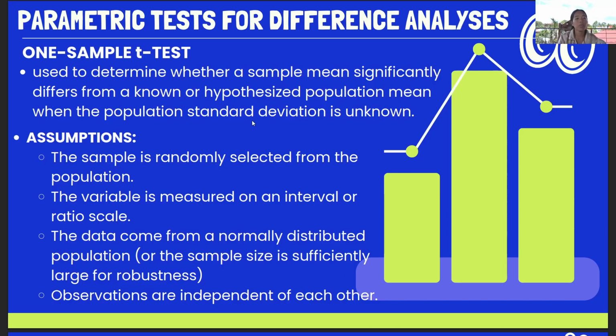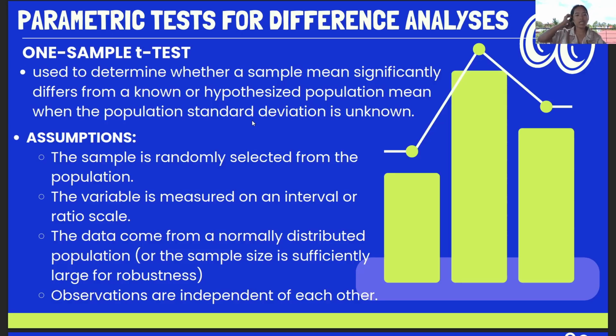So now let's go down to parametric tests for difference analysis. The one-sample t-test is used to determine whether a sample mean significantly differs from a known or hypothesized population mean when the population standard deviation is unknown. But we have to meet the assumptions.